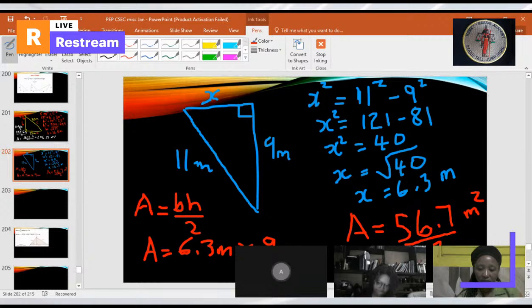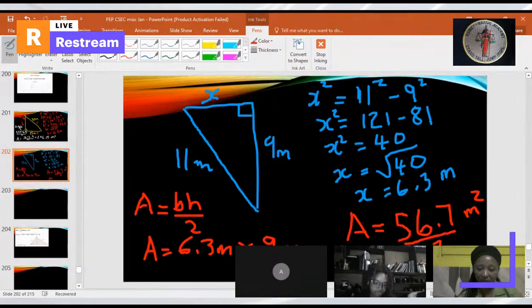It's meters squared anyway, because these are two meters times each other. Just divide by 2 now and give me the figure. 28.35 meters squared.